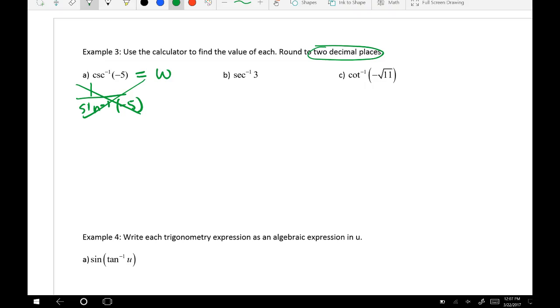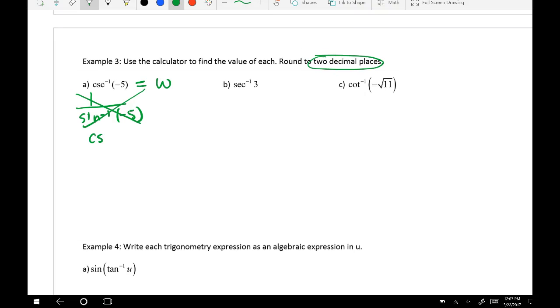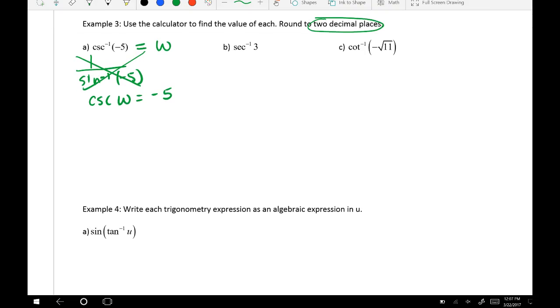an understanding of why we press what we press, I'm going to explain here. I'm going to write it in a regular function, which is cosecant of W equals -5. It is true that cosecant of W is 1 over sine of W, which is still equal to -5.